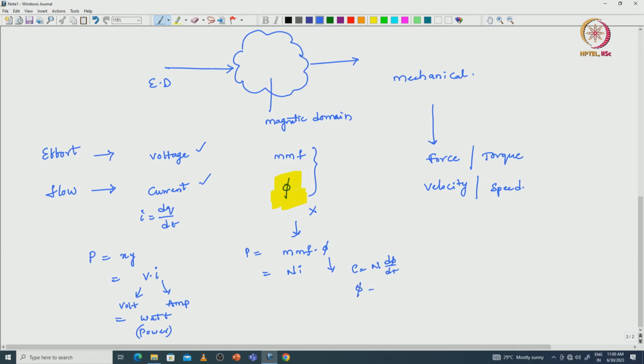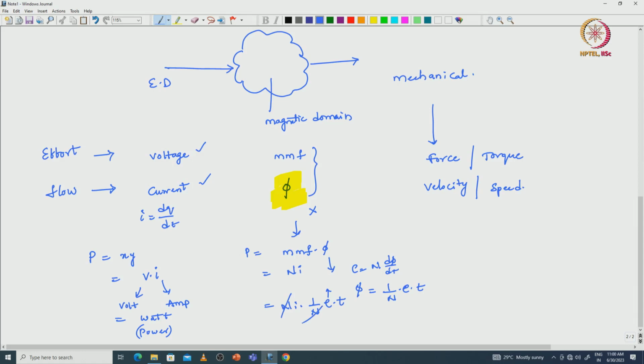From here we can derive the flux is equal to 1 by N into induced EMF into time. If we substitute that thing here, N into I in place of mmf, and flux 1 by N into E into T. E is nothing but induced EMF and time T.